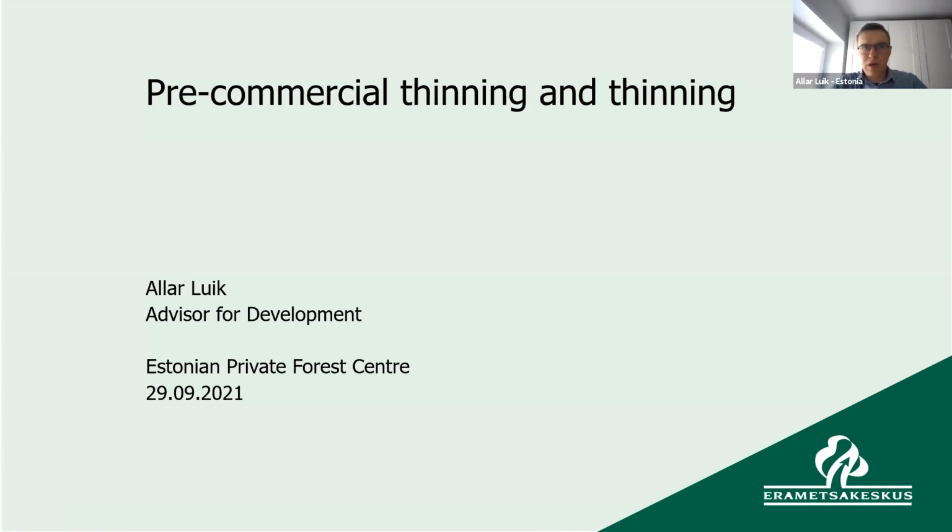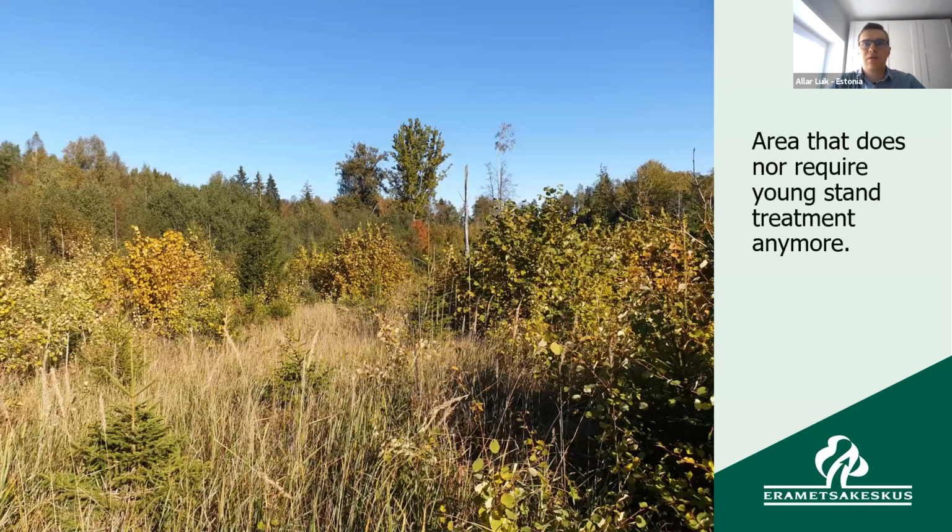So now we talked about how we get the new forest generation going. And now we move a little bit forward. Here you can see a young spruce stand. The spruce on the left don't need any maintenance at the moment. But the forest can be quite different just a few meters away.